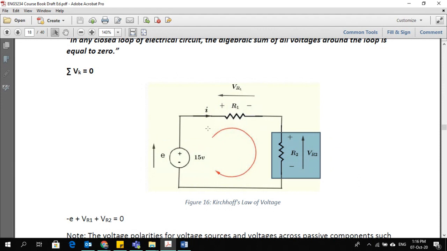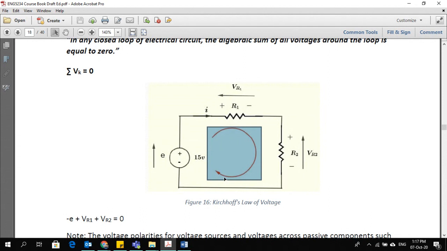For that you have to draw an arrow like this, which shows the flow of current in the loop. As for the conventional current, we assume the direction of current from positive to negative. So from this source, the current is flowing out from the positive and going to the negative.